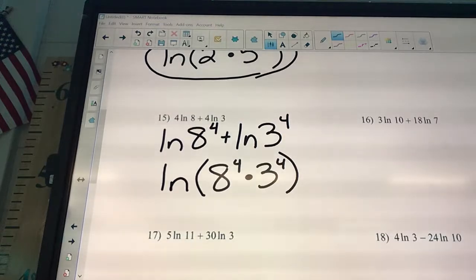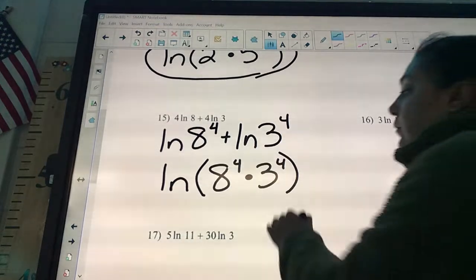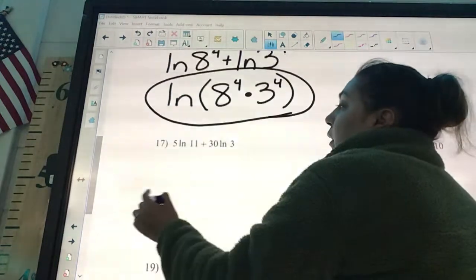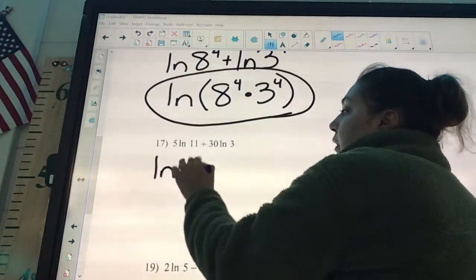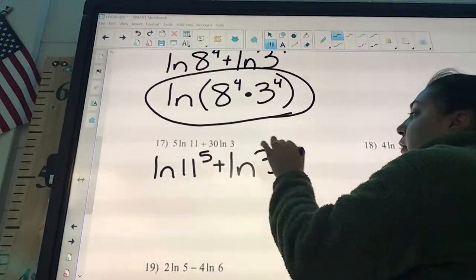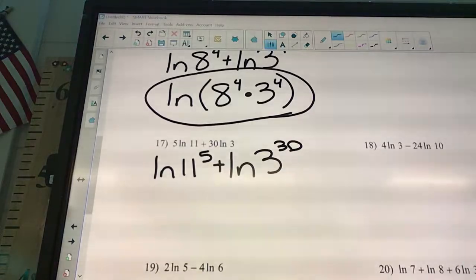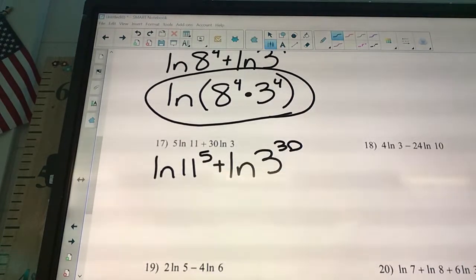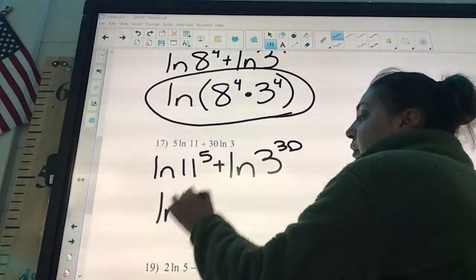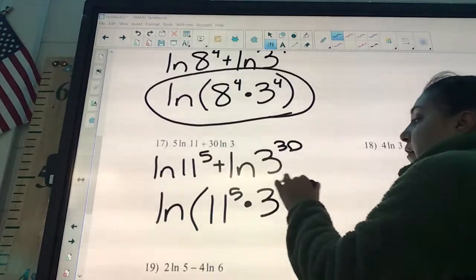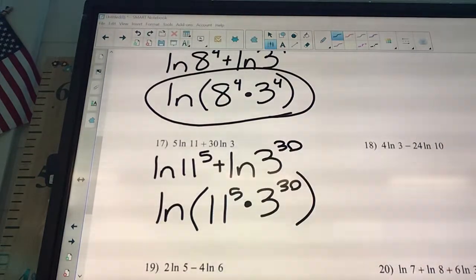That's our answer. Next, you're going to get natural log of 11 to the 5th plus natural log of 3 to the 30th. Natural log of 11 to the 5th times 3 to the 30th.